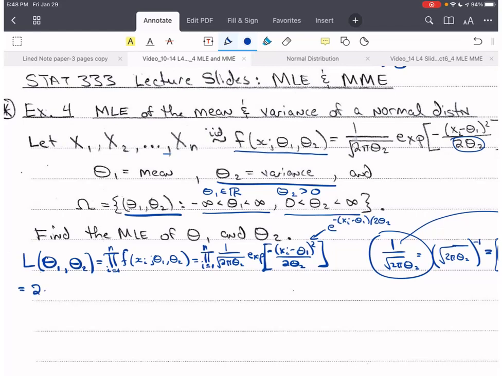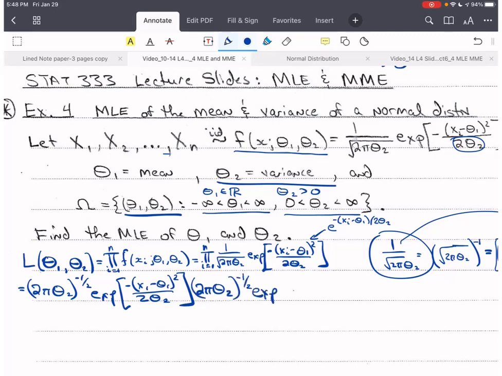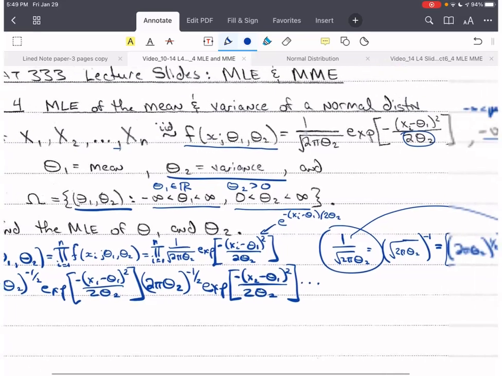So I've got 2 pi theta 2 to the negative 1/2 exp negative x1 minus theta 1 squared over 2 theta 2, times 2 pi theta 2 to the negative 1/2 exp to the negative x2 minus theta 1 squared over 2 theta 2, up until we get to n.